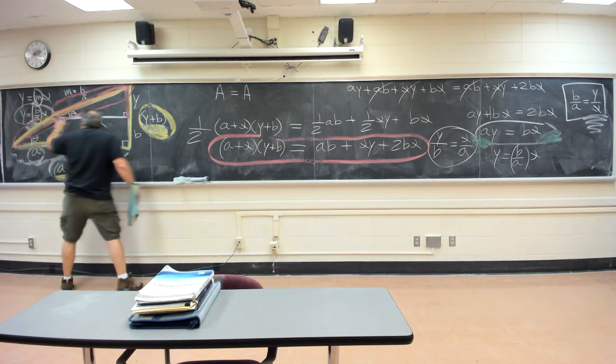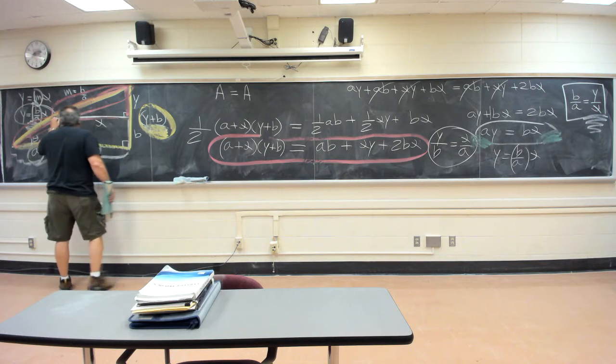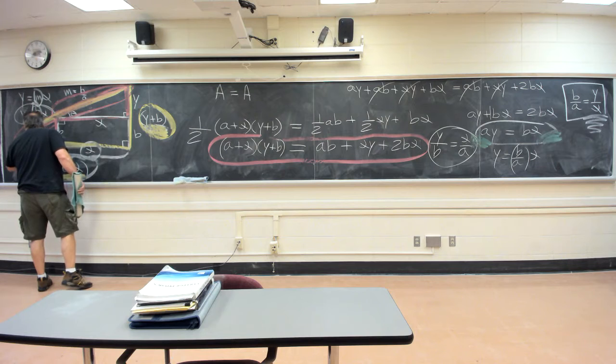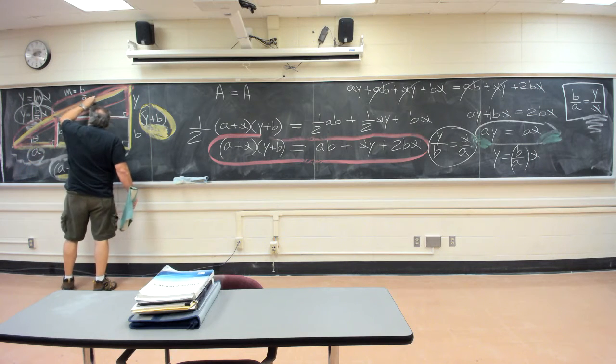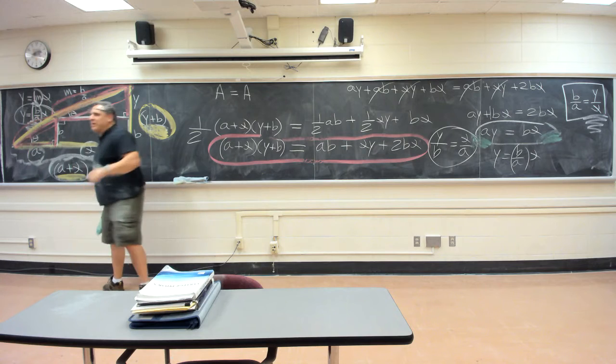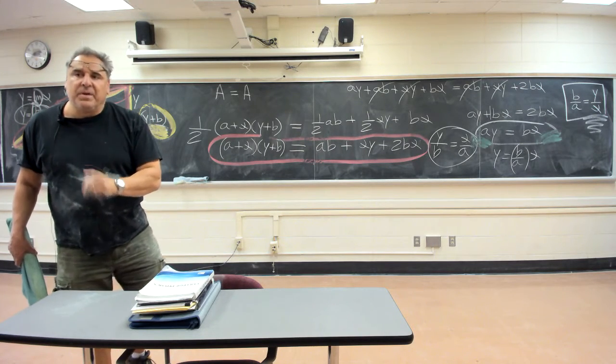Big rise divided by small rise is equal to big run divided by small run is equal to big hypotenuse divided by small hypotenuse. But we proved all of that except for the hypotenuse business.